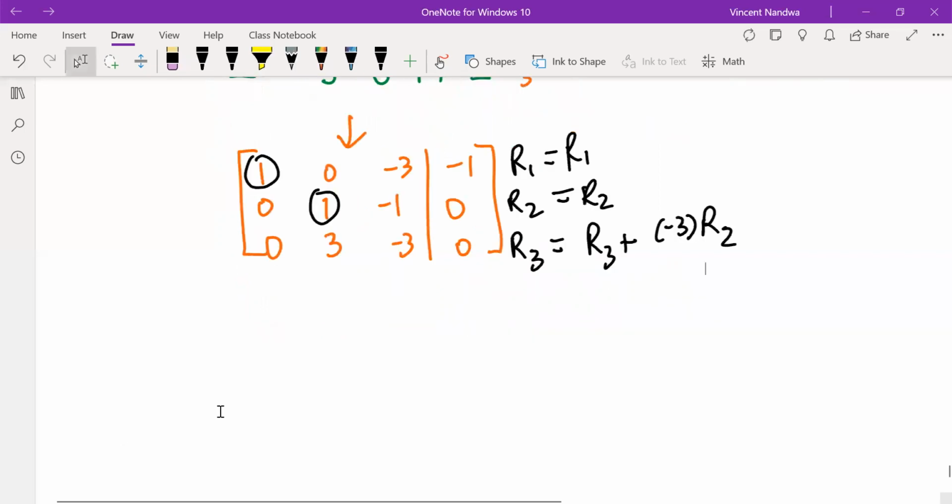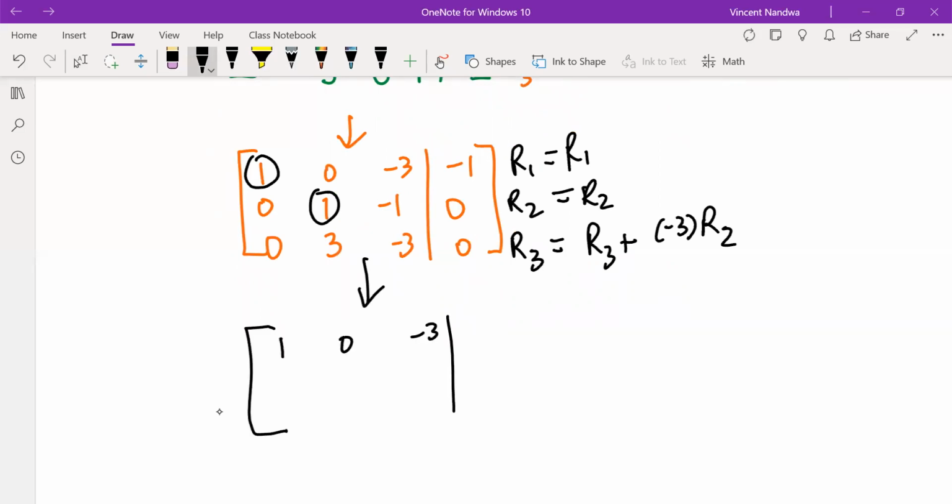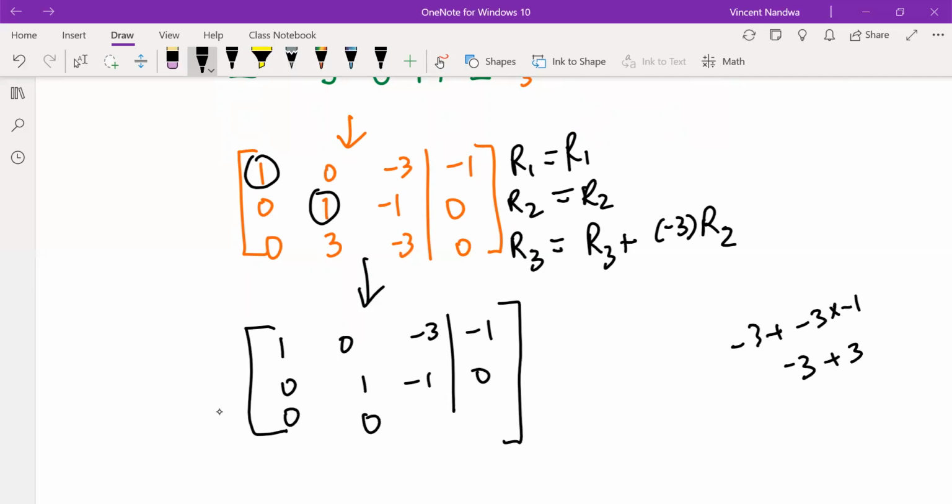So we have 1, 0, -3, -1; 0, 1, -1, 0; 0, 0, and -3 plus -3 times -1 is -3 plus 3, which is 0, and this is 0.